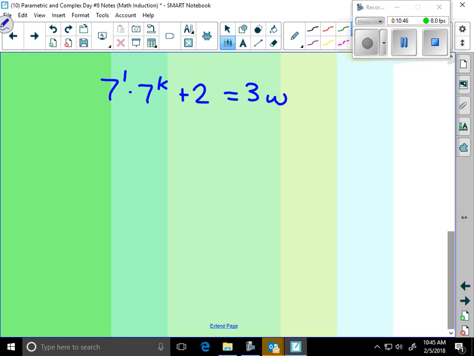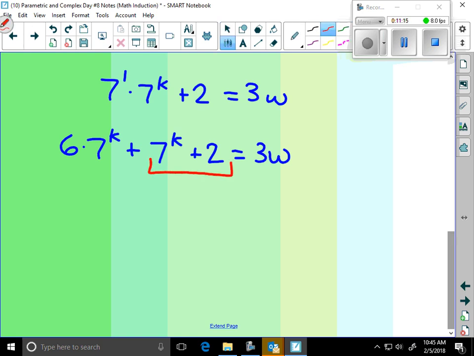If there's 7 to the k's, could I write that there are 6 7 to the k's plus 1 7 to the k, plus 2? Is that a legal step? Because there was 7 and I split it up into 6 and 1. That would break down. What is that equal to? 3q.